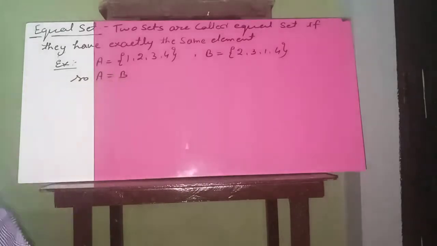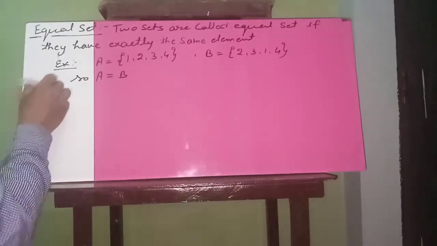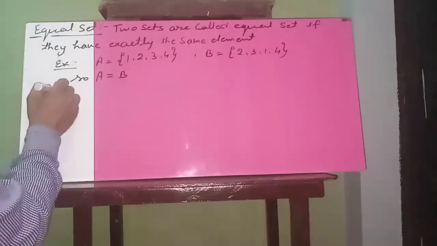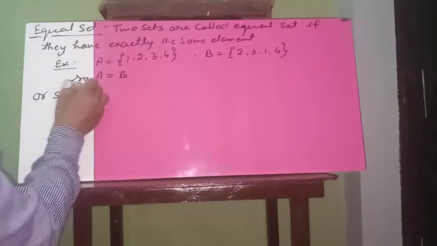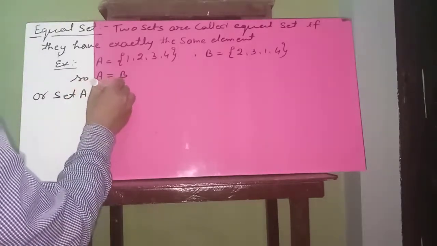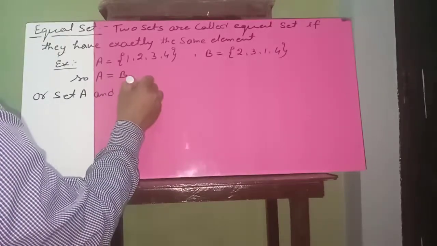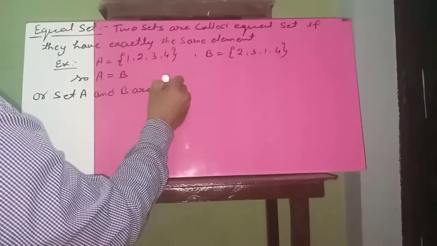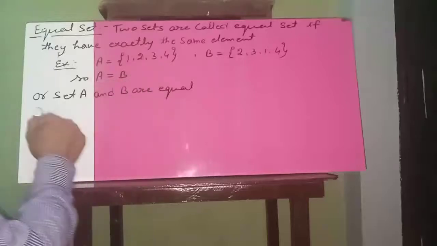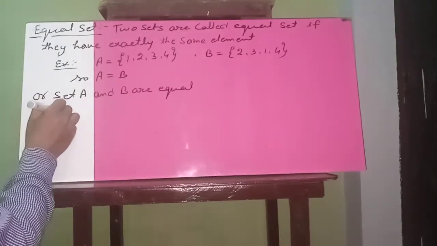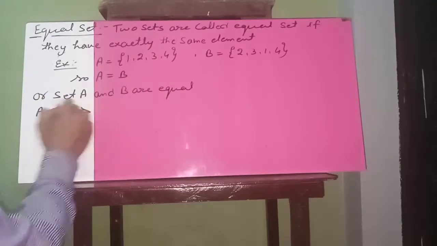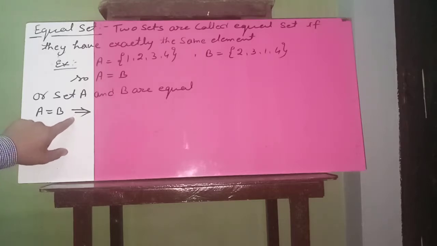Okay, so in mathematical terms I have another definition. Sets A and B are equal. When we write A equal to B, I have a symbol, that is, implies.